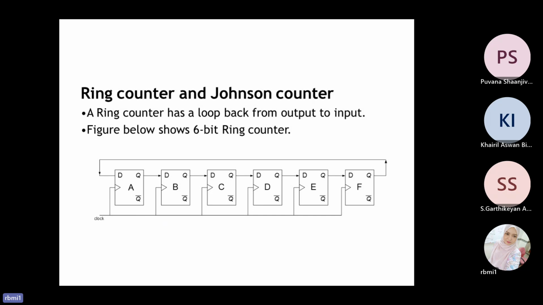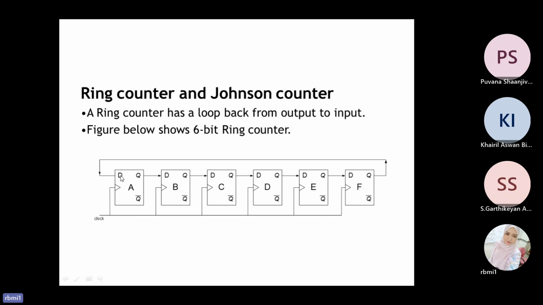Okay, ring counter and Johnson counter are two specific types of shift register which have unique characteristics and applications. A ring counter is a type of shift register that is designed to generate a sequence of digital signals that repeat periodically. It consists of a series of flip-flops connected in circular fashion, with the output of each flip-flop connected to the input of the next.